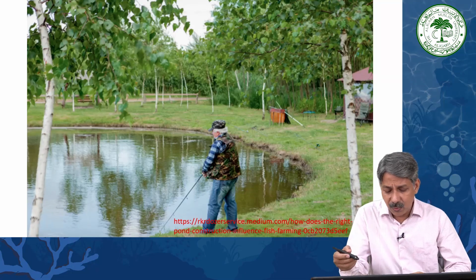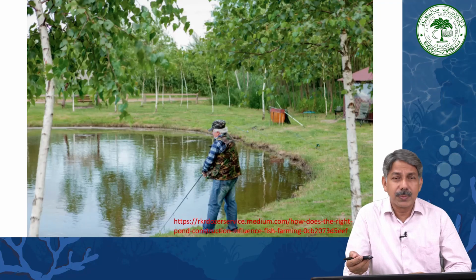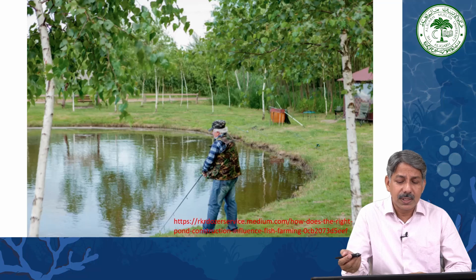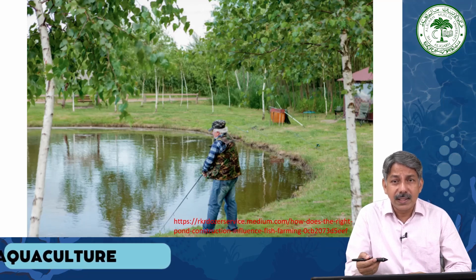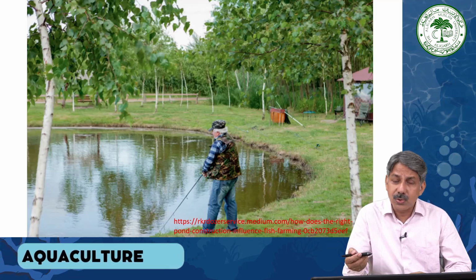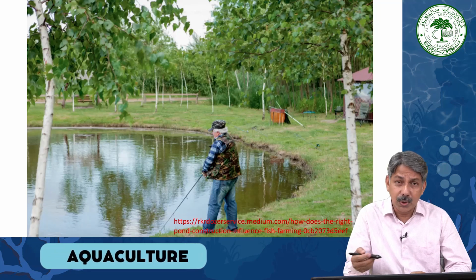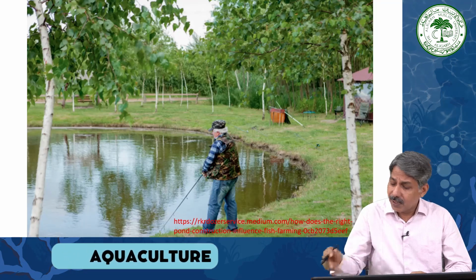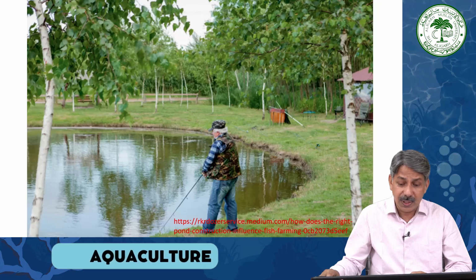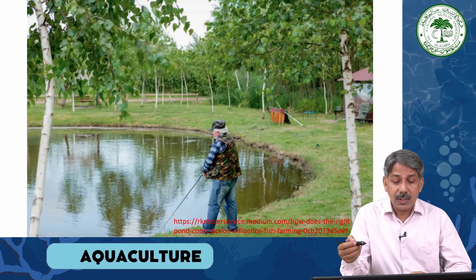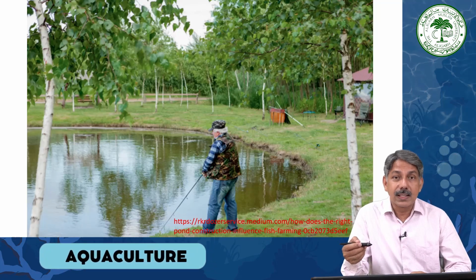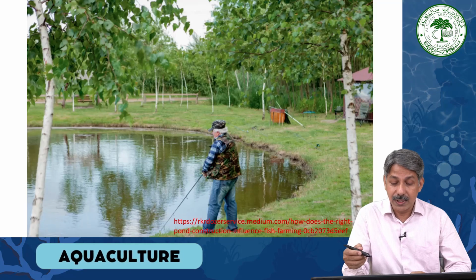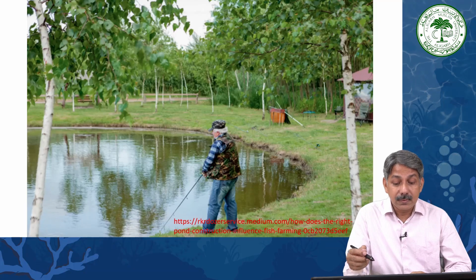This is just one picture I have taken from the internet to show how ponds may look. There are many types of fish ponds that you can see in various books or on the internet. I've given a reference for this picture also. And here, one piece of advice that I would like to give is that the embankment or dike should be very strong, as here you can see the grasses which have made the embankment very strong.